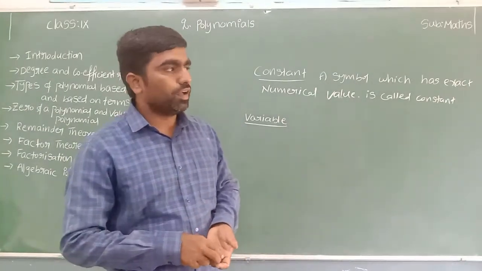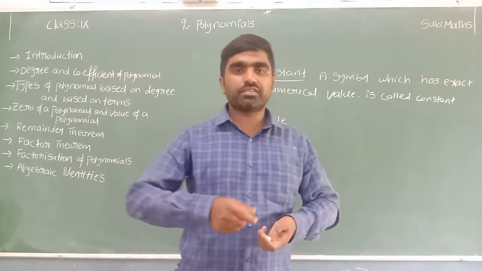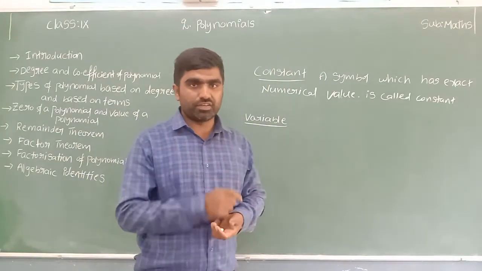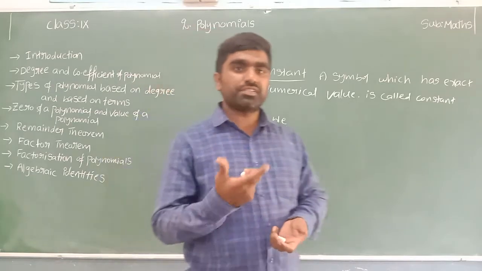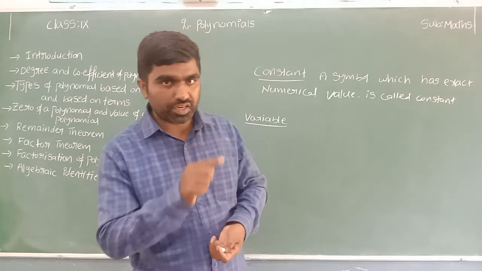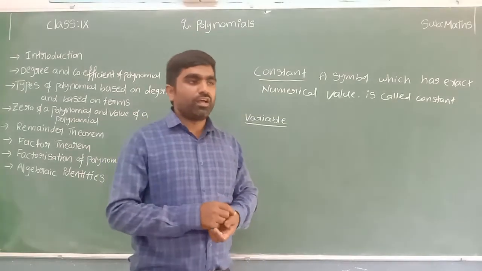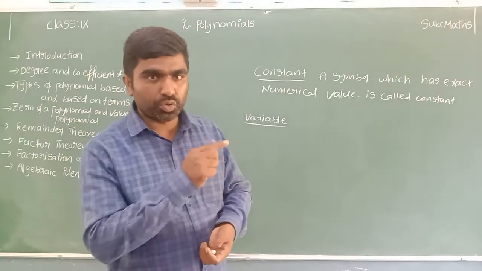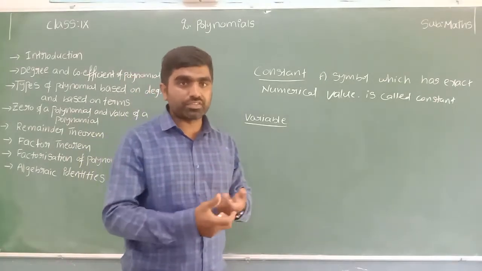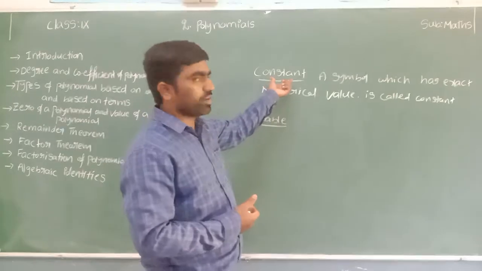Example, if you see colors in a rainbow, exactly we can see only 7 colors. Like the number of days in a week, in 1 week we can see only 7 days, an exact value. Alright. So months in a year, 12. Like that we can see many real life examples which belong to the word constant.